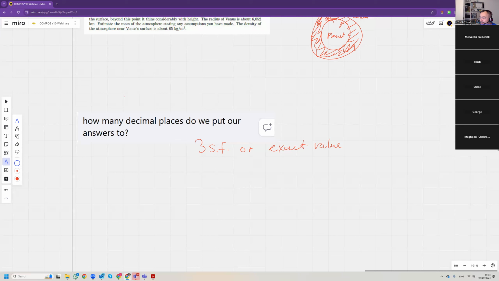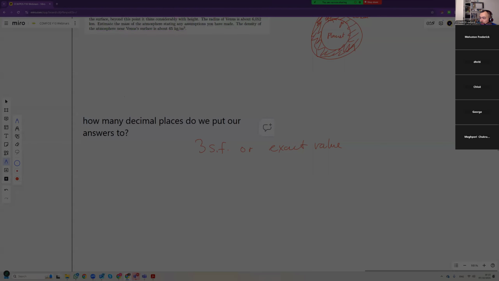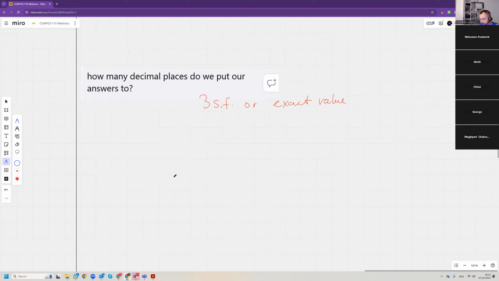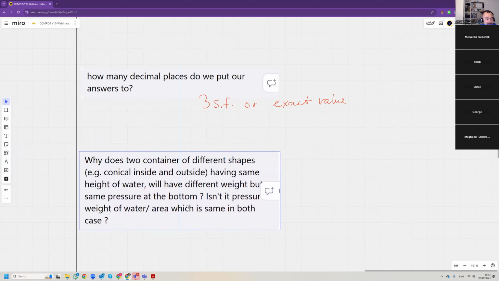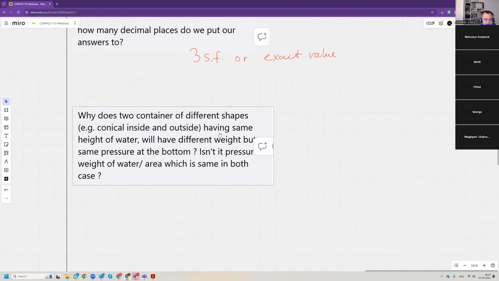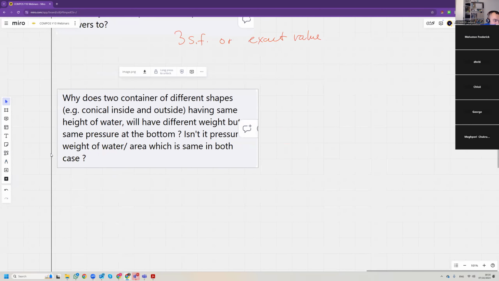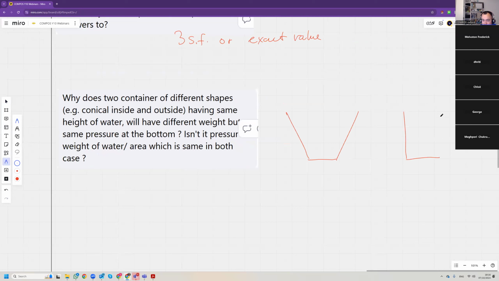Why do 2 containers of different shapes have the same height of water, and different weight but the same pressure at the bottom? That's a good point. That is one of the questions. That is the paradox that you're trying to solve. So you have 2 containers with different mass of water, but obviously the same pressure at the bottom.